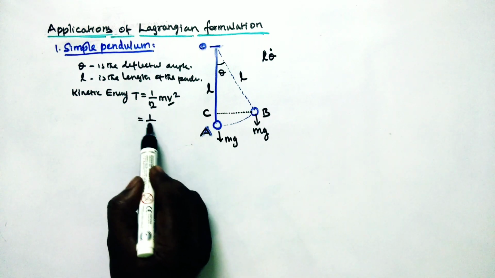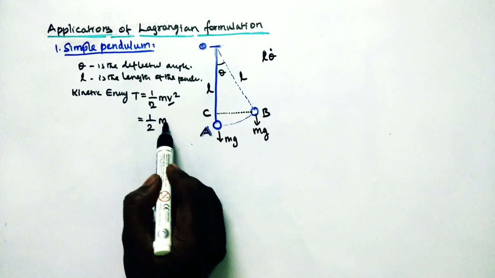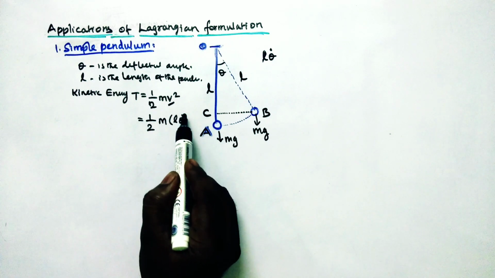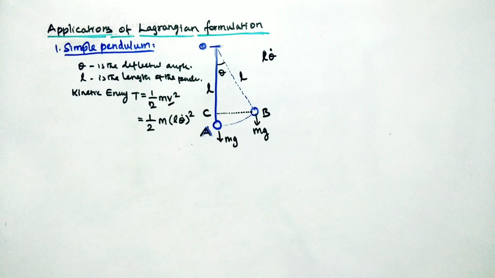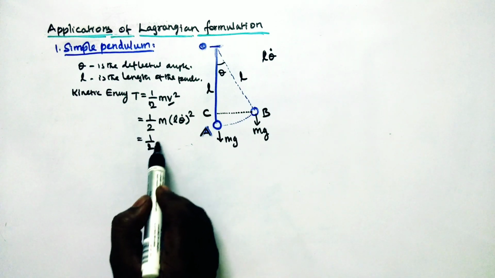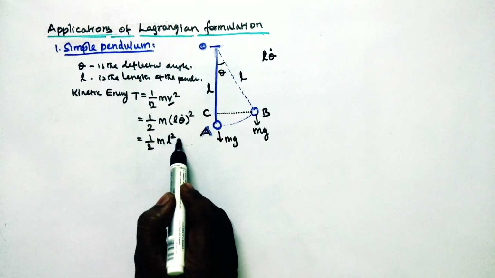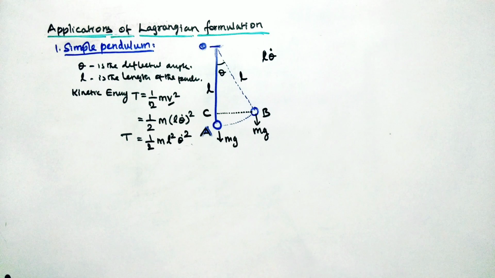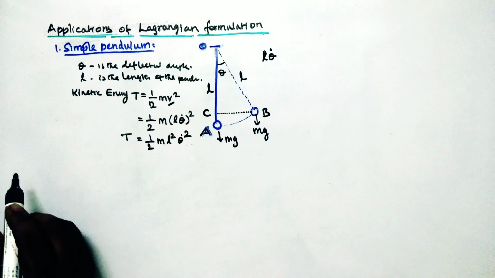We can write this equation as half m L theta dot the whole square, and also half m L square theta dot square. This is the kinetic energy of the simple pendulum.